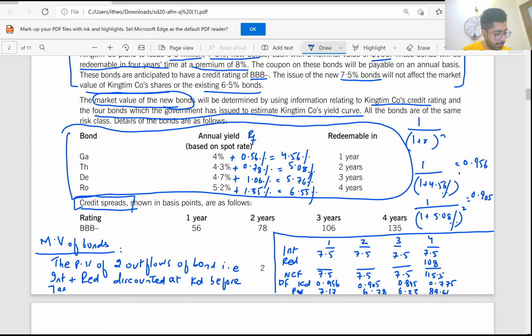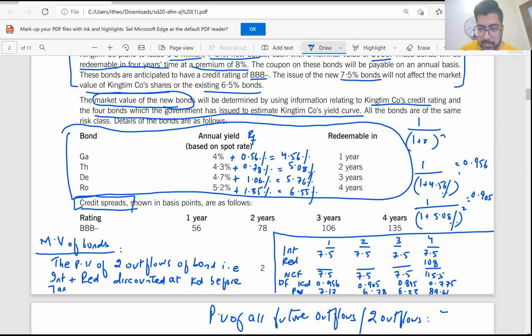You add them up: 7.17 plus 6.78 plus 6.33 plus 89.61. The present value of these 2 outflows, interest and redemption, all future outflows discounted at KD, is 109.89, and this is the market value of the bond.